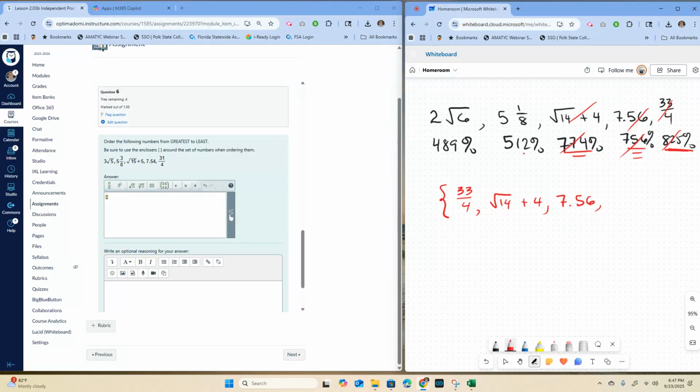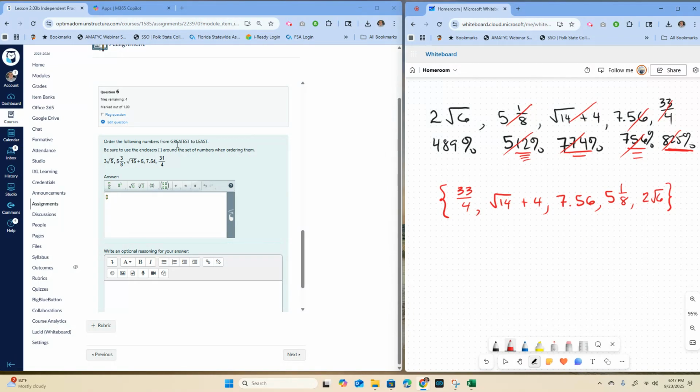That will be 512%, which is the same thing as 5 1/8. And finally, let me cross this out. I have left the 489%, but again, you're writing the original number. So I'm going to write 2 square root of 6. And then at the end, you close it with the braces.